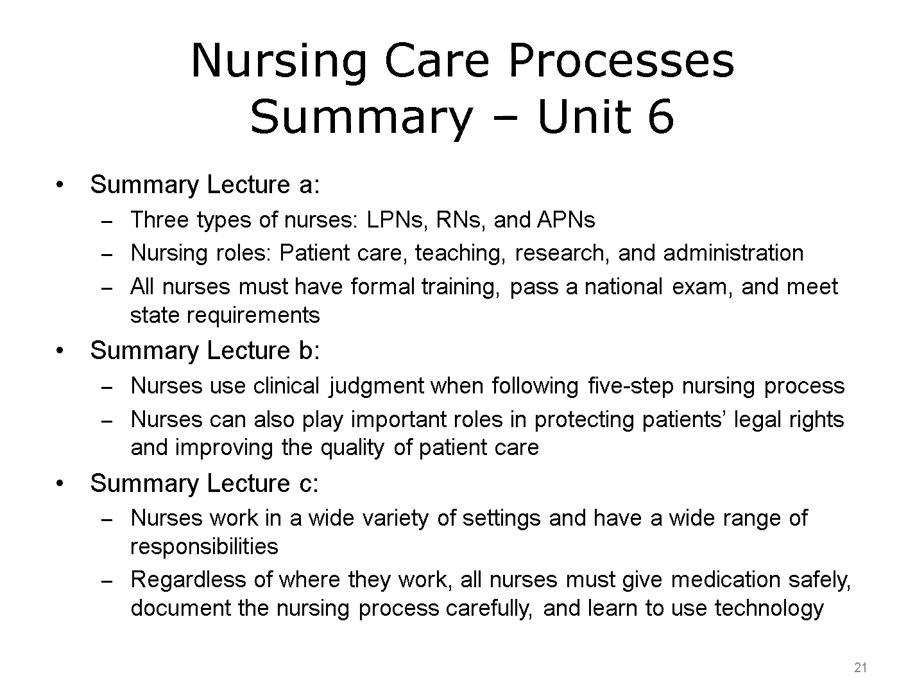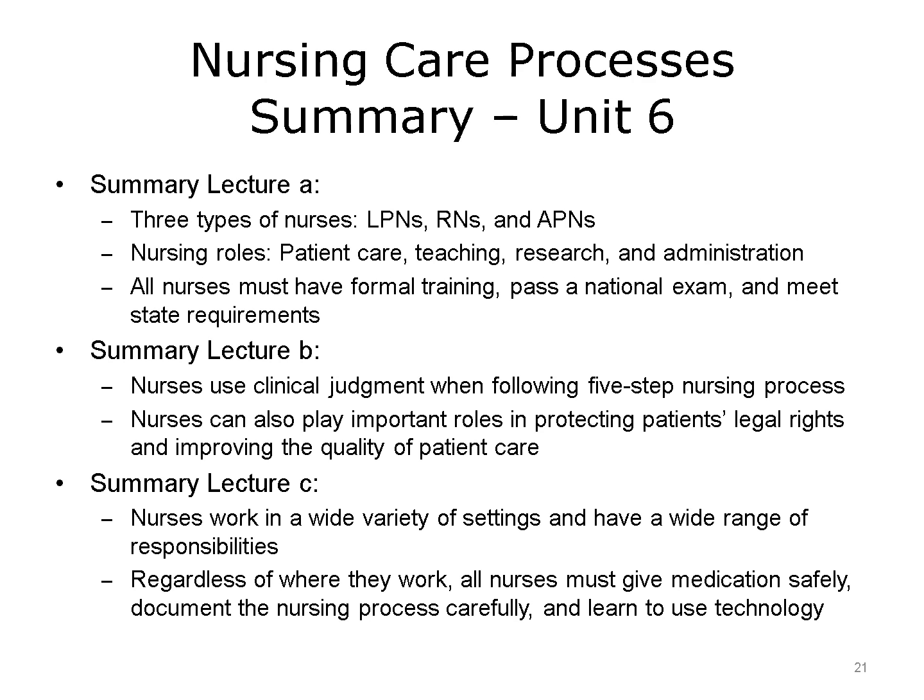In summary, the first lecture discussed the three types of nurses: licensed practical nurses, registered nurses, and advanced practice nurses. The four types of advanced practice nurses are certified registered nurse anesthetists, certified nurse midwives, nurse practitioners, and clinical nurse specialists.